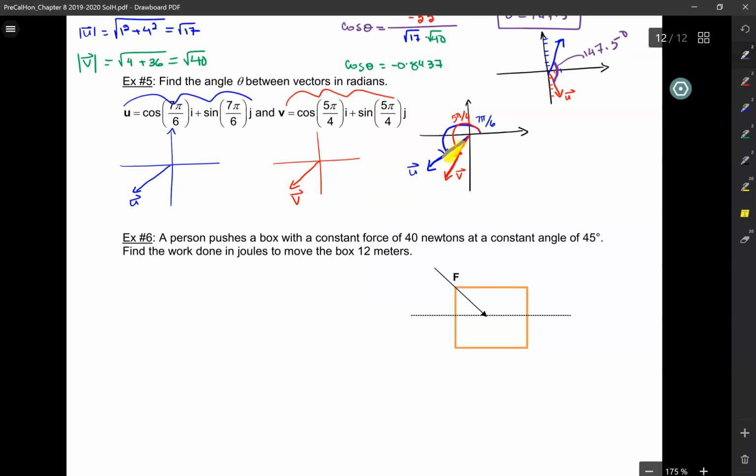Yes, I can. So theta is 5 pi over 4 minus 7 pi over 6. Why is it the same thing? 5 pi over 4 is bigger. It goes further. So 5 pi over 4 minus 7 pi over 6.